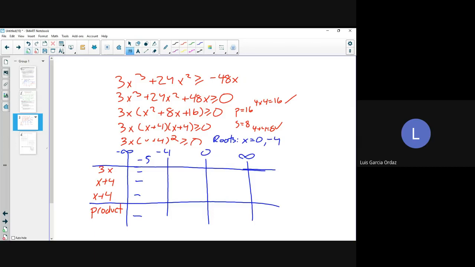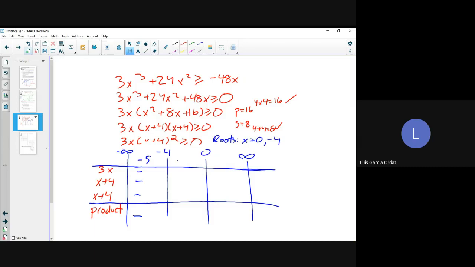Okay? And now we're looking at the next interval, which is between negative 4 and 0. What is a number between negative 4 and 0? Let's try negative 2.